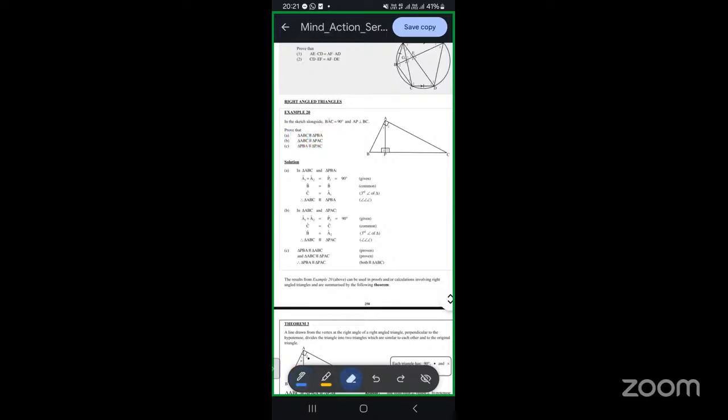Therefore, you can come to the conclusion that triangle PBA will automatically be similar to triangle PAC, reason being both of them are similar to triangle ABC. Then you are done just like that. Does it make sense?